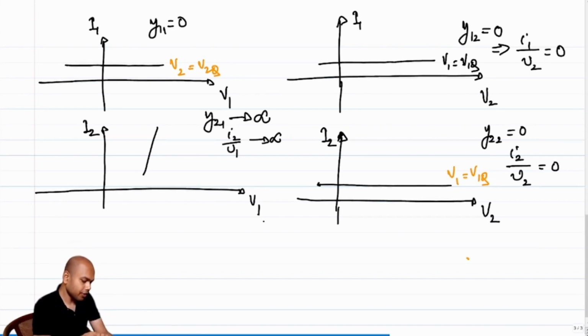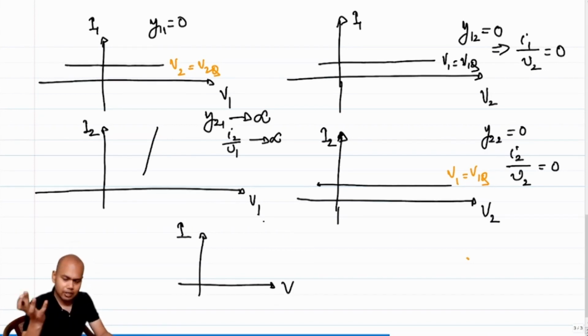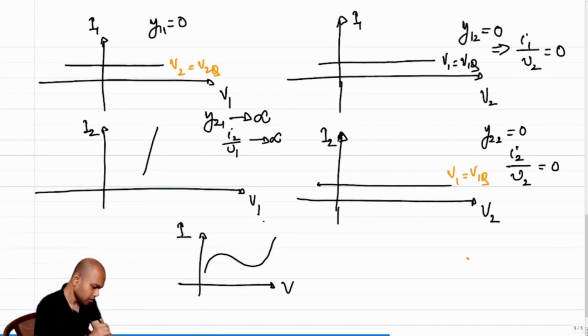You can have, let's say, a generalized IV characteristics which has a characteristics like this, quite possible. So note that there are two places in this IV characteristics where the slope is 0, right?